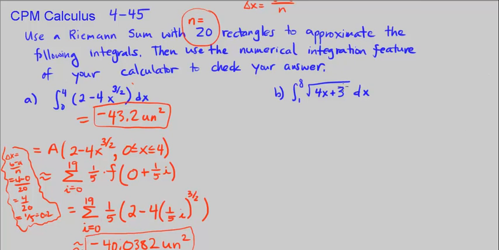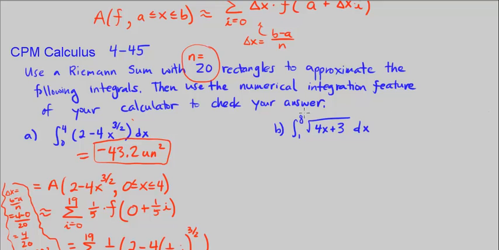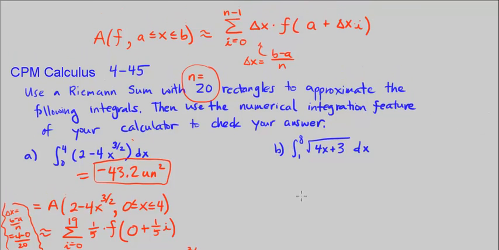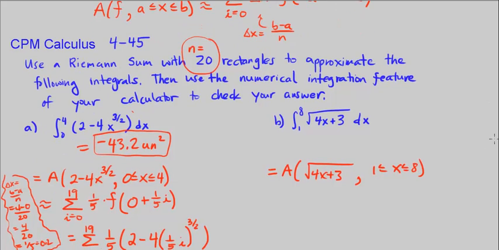Part B, here's our function. This time we're starting at 1, stopping at 8. And let's go ahead and look at this. This is equal to the area bounded by the function 4x plus 3 between 1 and 8. Right? And we could estimate it using sigma notation.